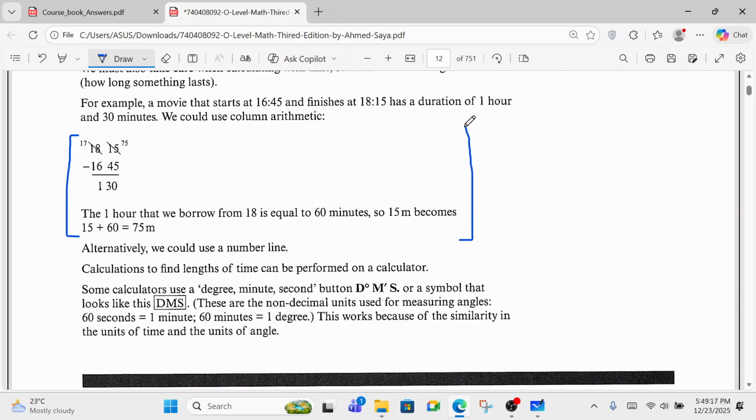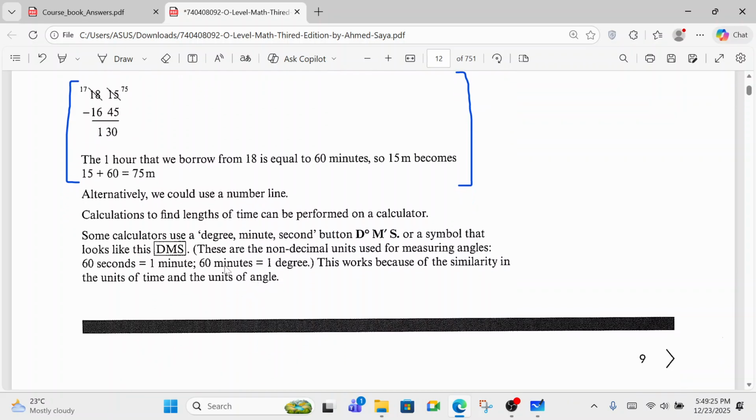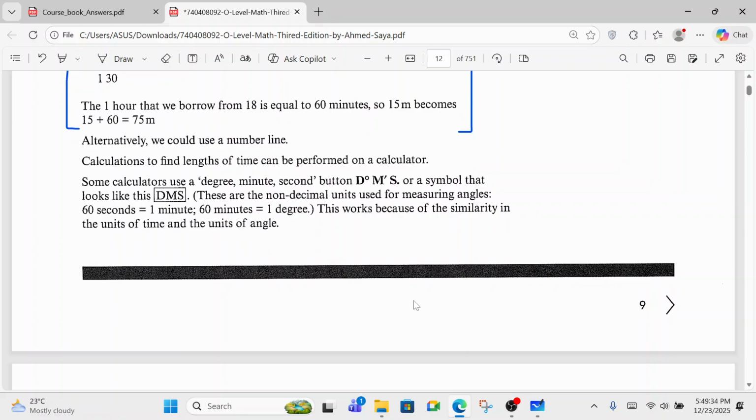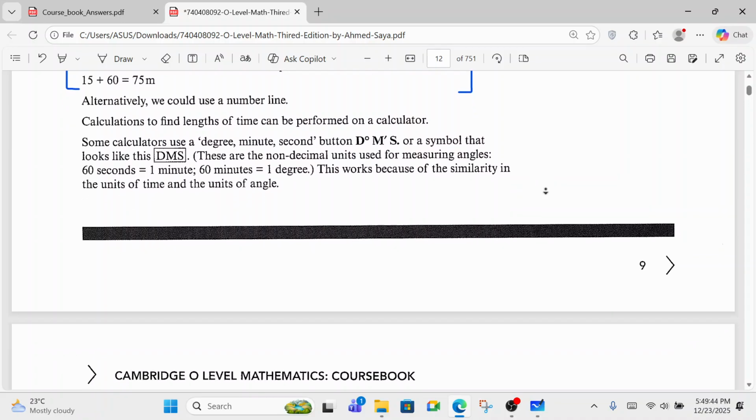Now here's another fact. For those who have the DMS button on their calculator, you could use this button to directly calculate. For this case, my calculator doesn't have it; it depends on the model. Most calculators may or may not have this button, but either way, this explains how to use the DMS button here.